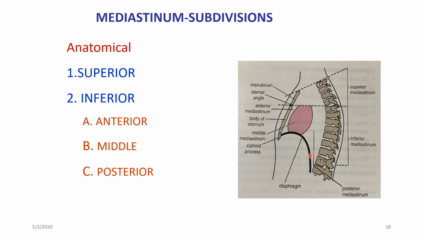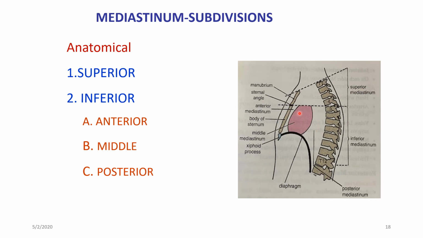This is the diaphragm, the curved attachment of the diaphragm. So this is the inferior mediastinum, which is further divided into an anterior, a middle and a posterior mediastinum.